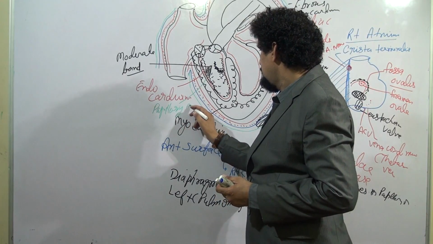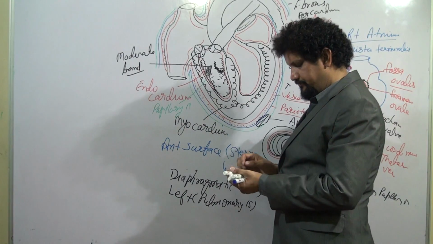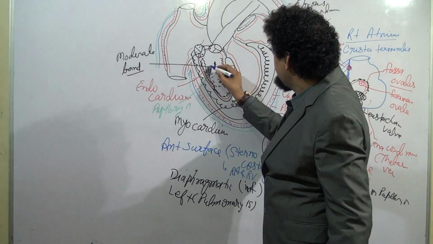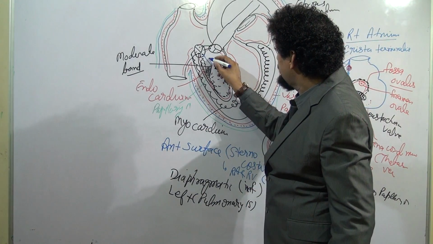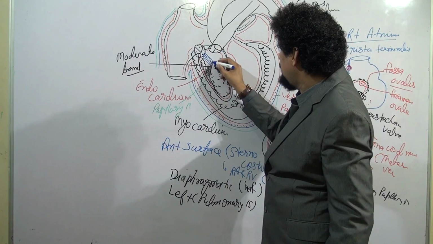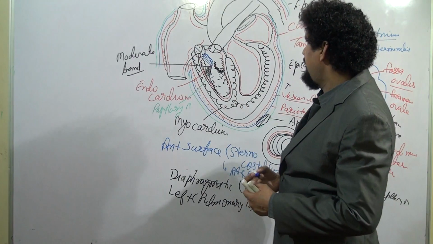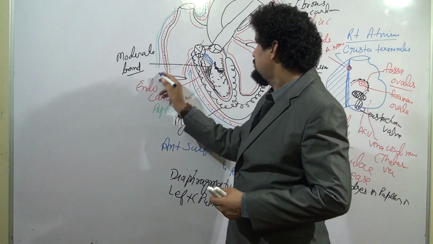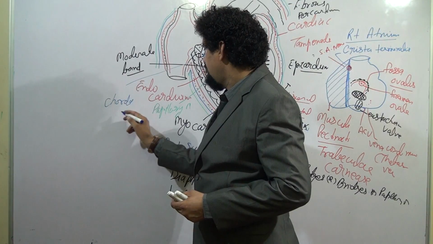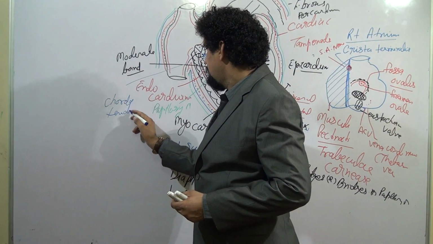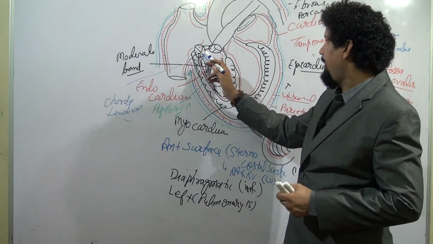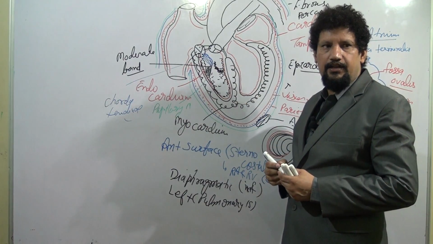And the fibers connecting the papillary muscle apex and the cusp of the tricuspid valve are known as chordae tendineae. This is regulating the opening and closing of the tricuspid valve.